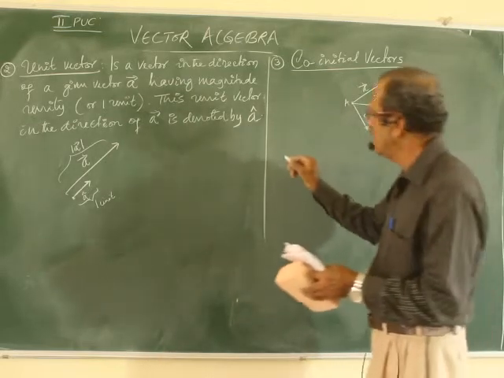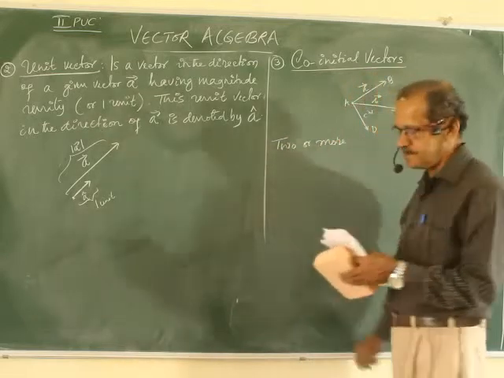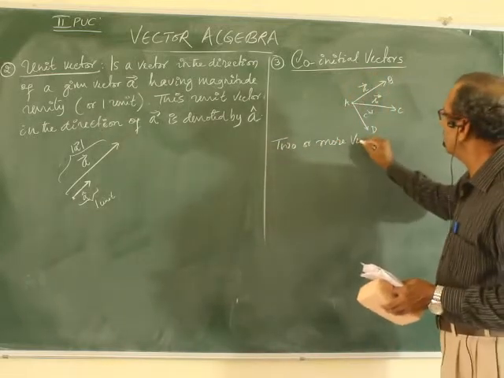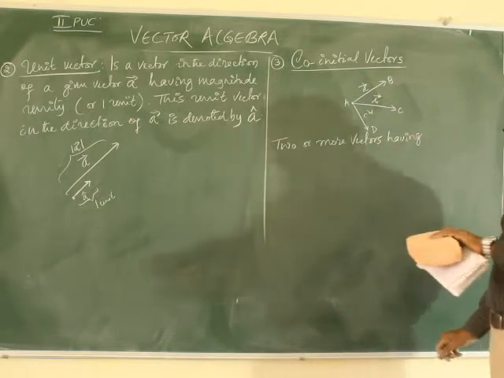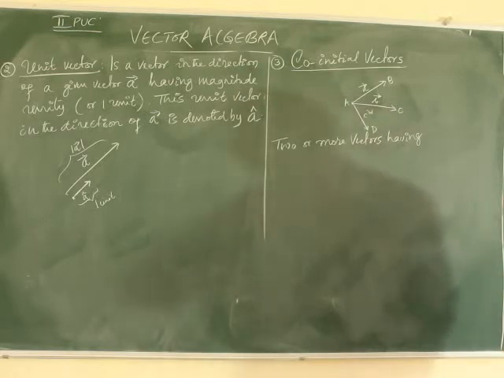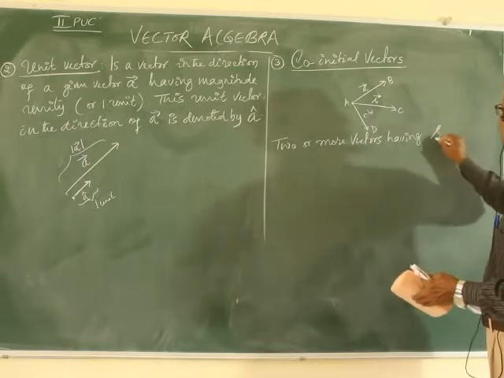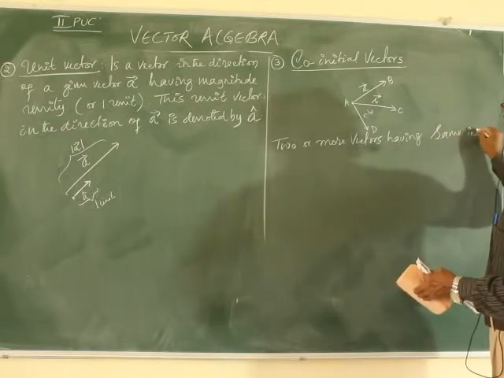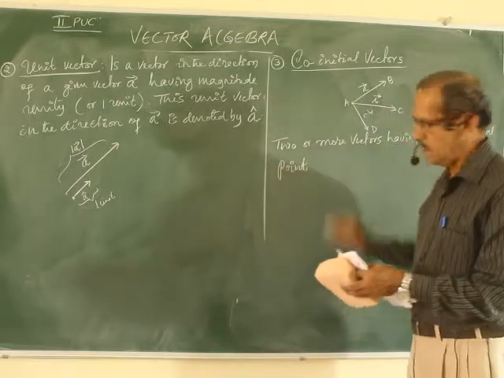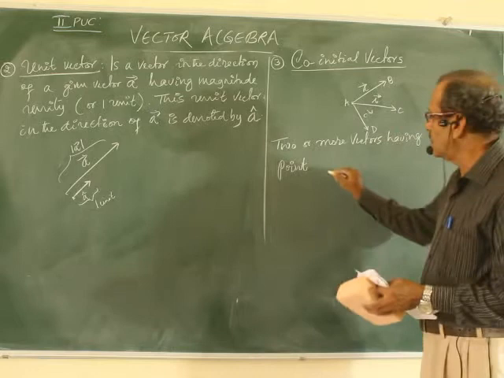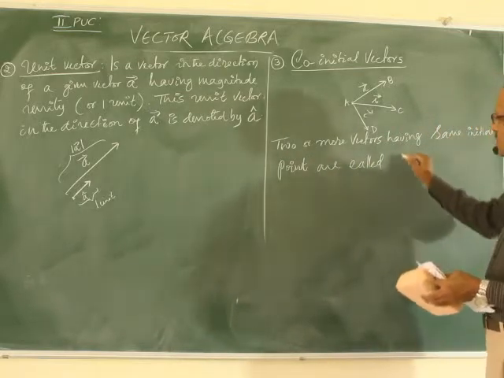Let me write the definition. Two or more vectors having the same initial point are called co-initial vectors.